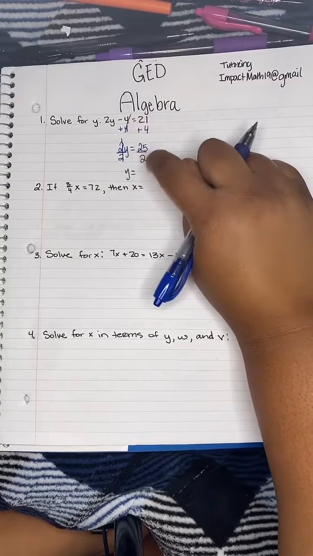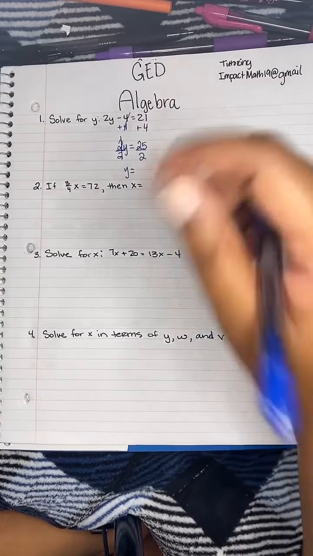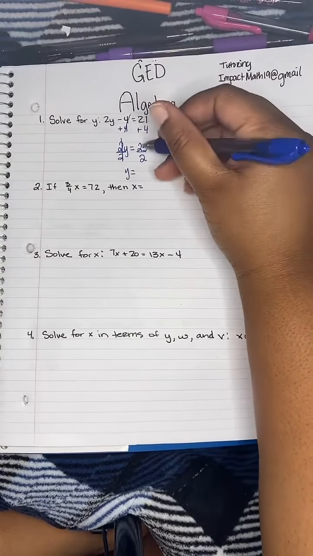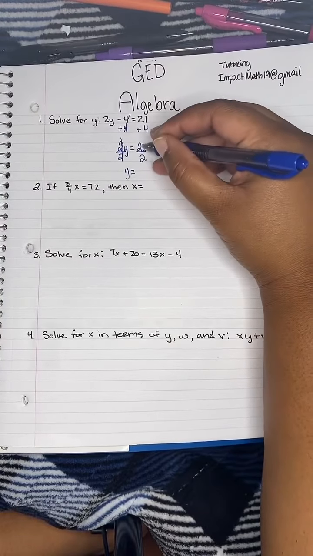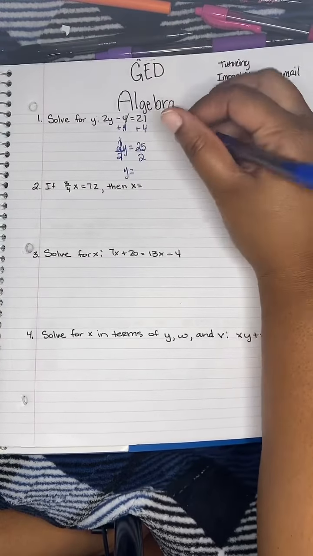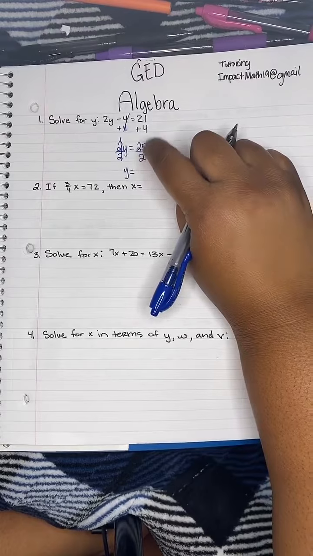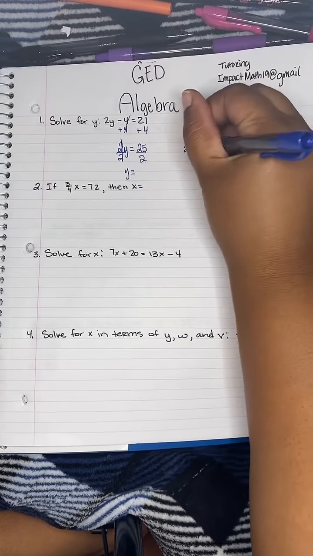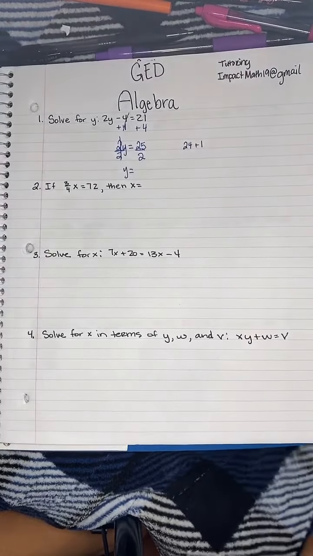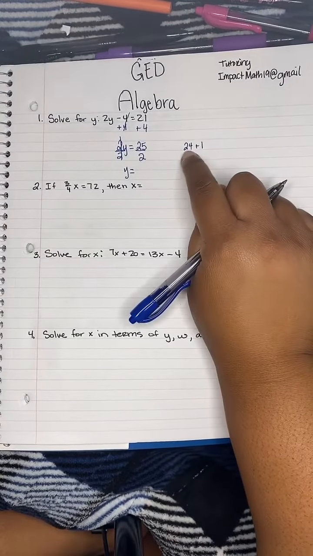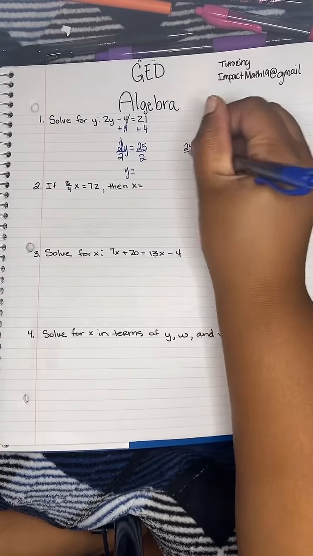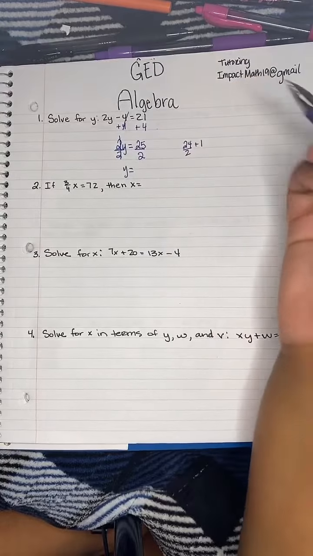Now, let me explain. For some parents that might be watching this, how I learned to divide by halves without a calculator is you take off 1 from an odd number. So you're going to make this 24 plus 1, okay? Now, I'm taking half of 24, which is much easier than taking half of an odd number.